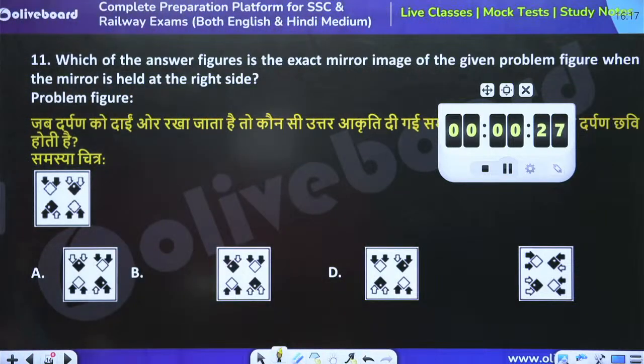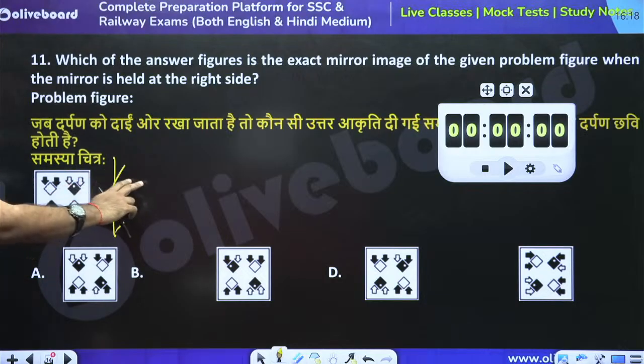Mirror image. Mirror is held on the right side, be careful. So if mirror is kept at the right hand side, top two arrows will be white only here.